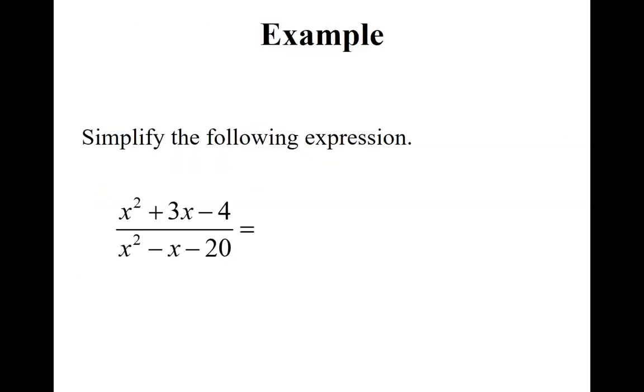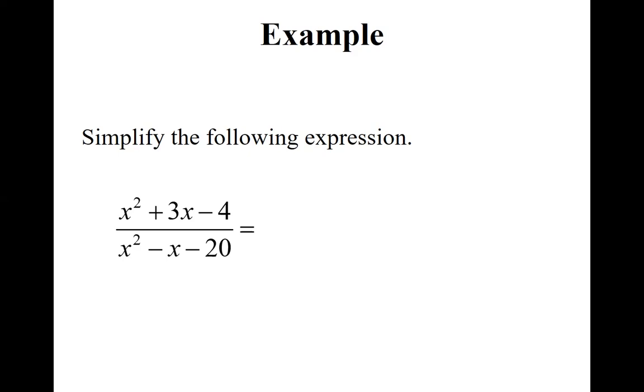As an example, let's simplify the following expression. x squared plus 3x minus 4 over x squared minus x minus 20. Why is this topic paired with factoring? Because you need factoring to be able to succeed in this topic. We need to factor the top completely.